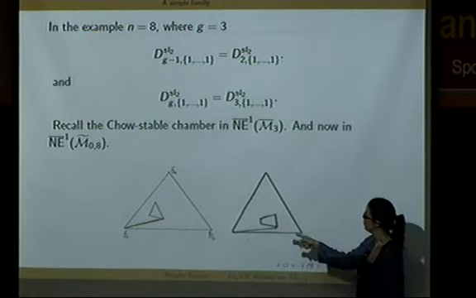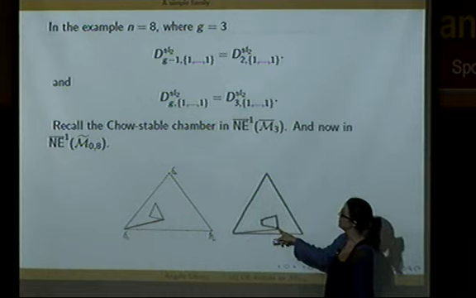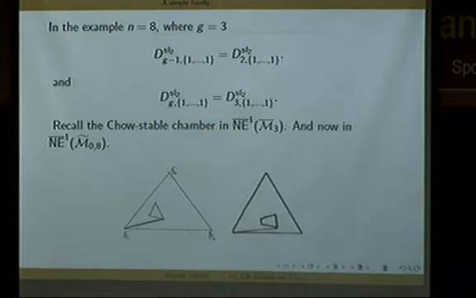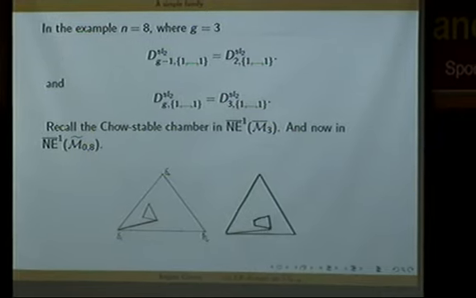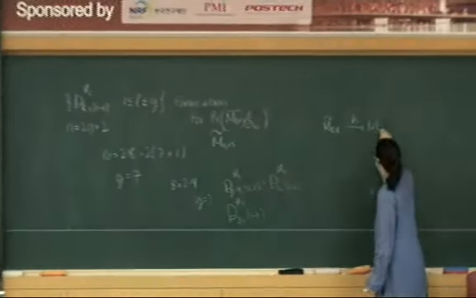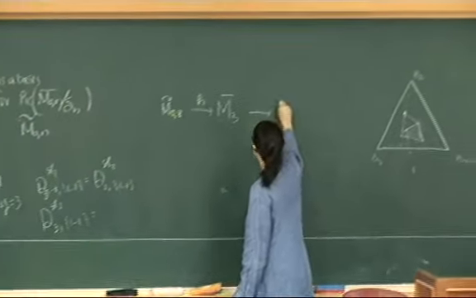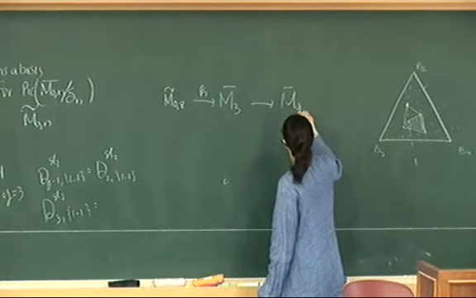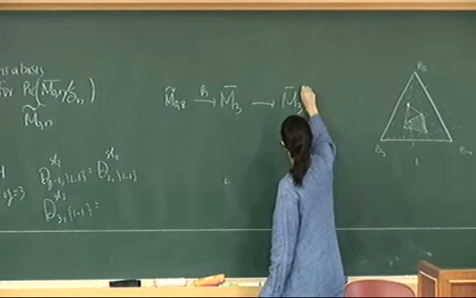It actually pulls back to this nef divisor D3 on M0,8 tilde. That means that there's a morphism from M0,8 tilde to M3 bar, and then to M3^CS.